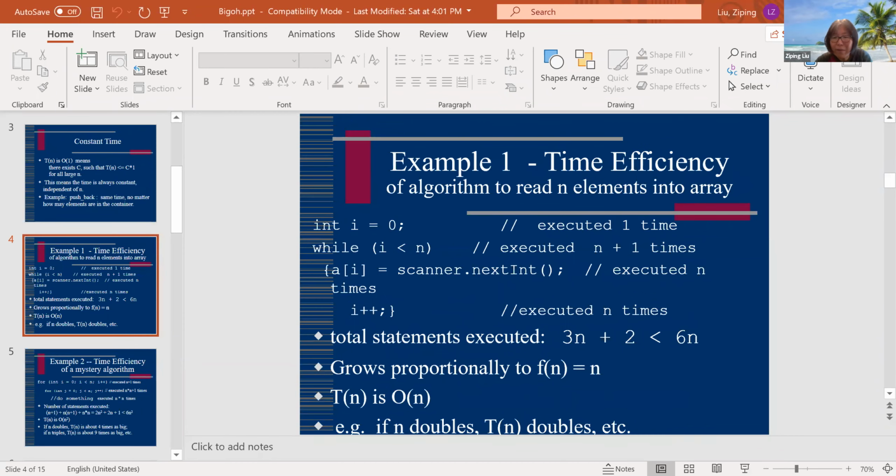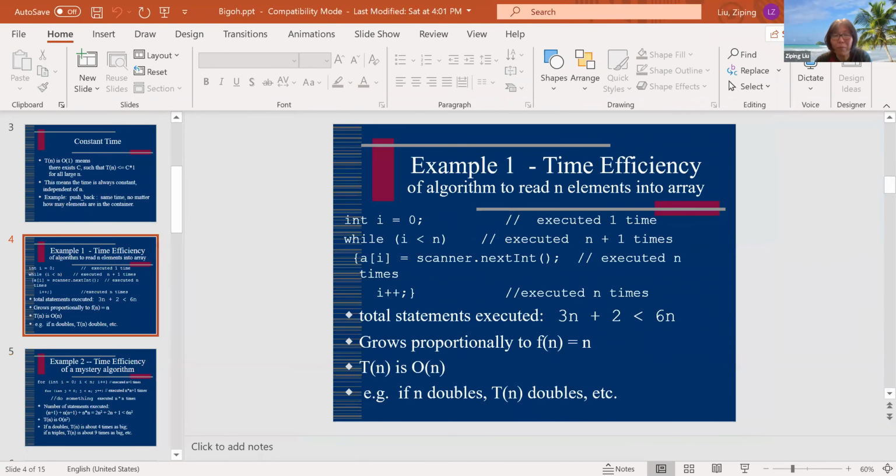Next, let's see this example. Maybe this looks better. So let's see, how do we find the big O? Here we have some algorithm. In this example, suppose this is what the algorithm looks like. We don't care what it is, it's just some algorithm.